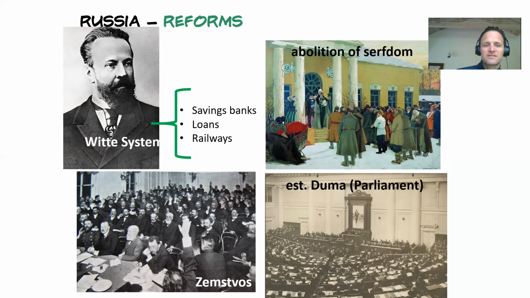So savings banks provide loans and build railways. The Zemstvos are local councils that are given more voice in the local government and local economy. They create a parliamentary system of government instead of an absolute monarchy. All of these reforms are attempts by Russia to catch up with the rest of Europe.